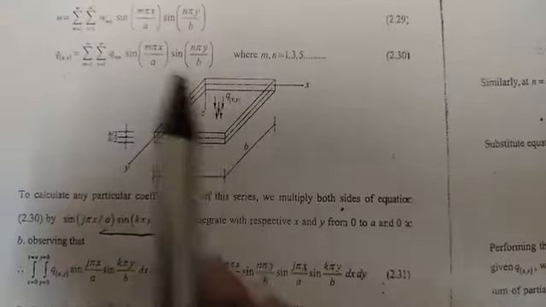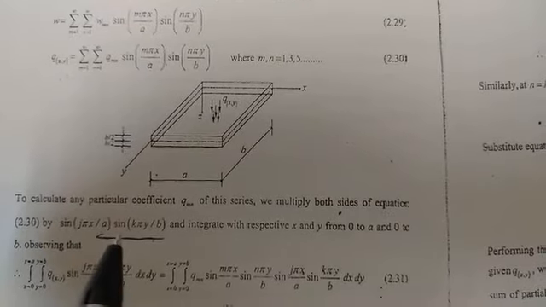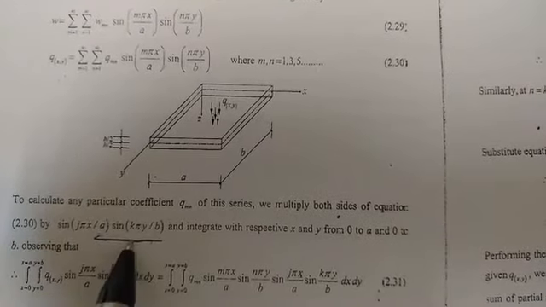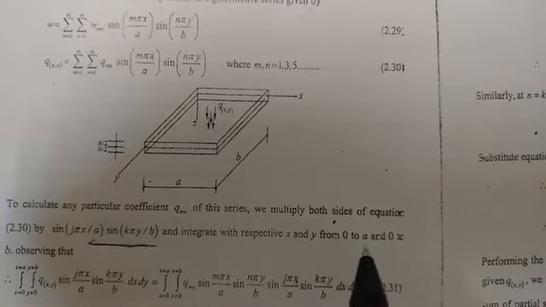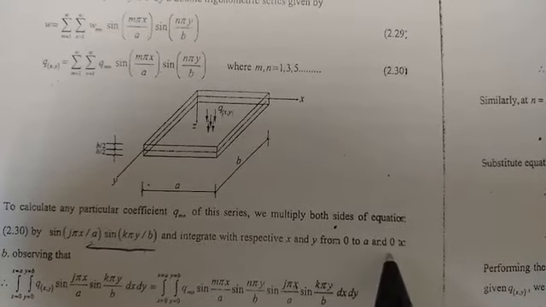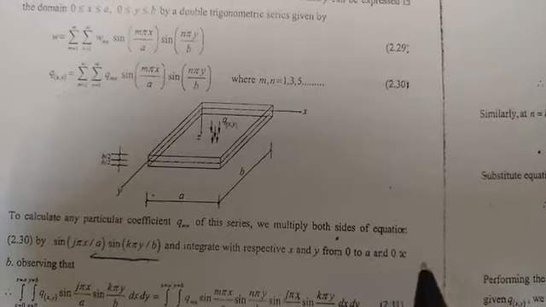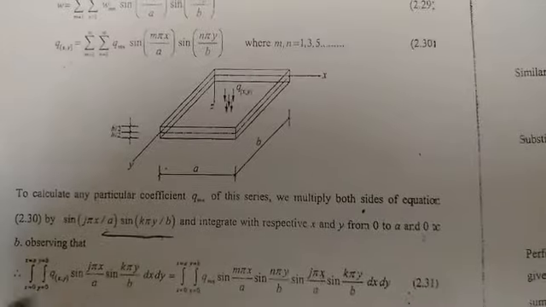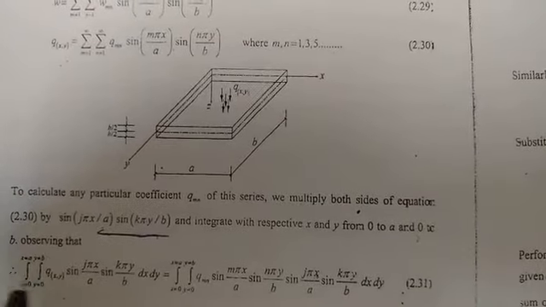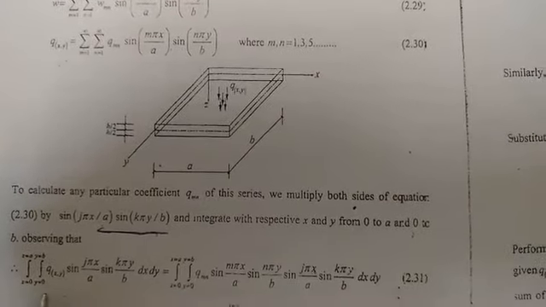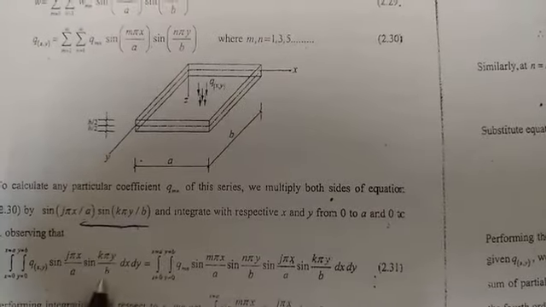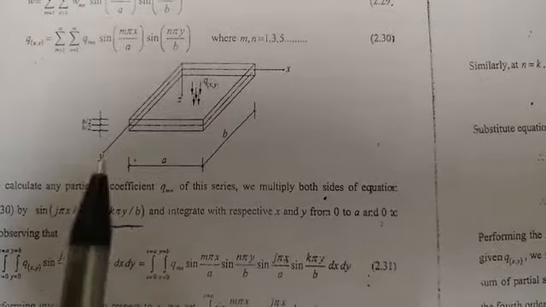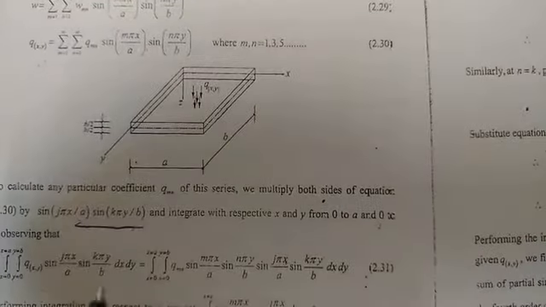So we'll multiply this equation by this on both sides, and integrate with respect to x and y from 0 to a and 0 to b. So after that we can rewrite the equation, as we have integrated the equation on both sides and multiplied by this term on both sides of the equation.